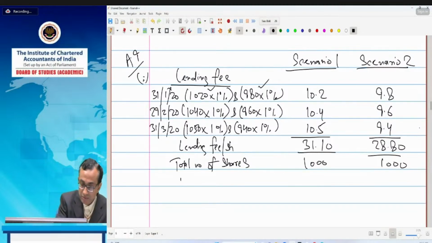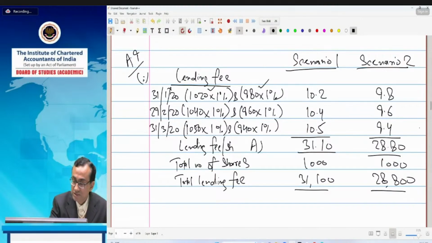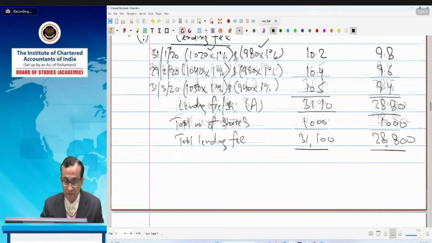This is the total lending fee. It is coming to 31,100 and 28,800. We will put it as point A. It is the lending fee.